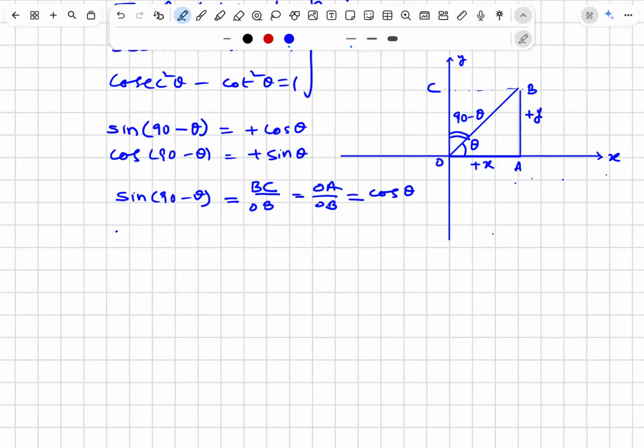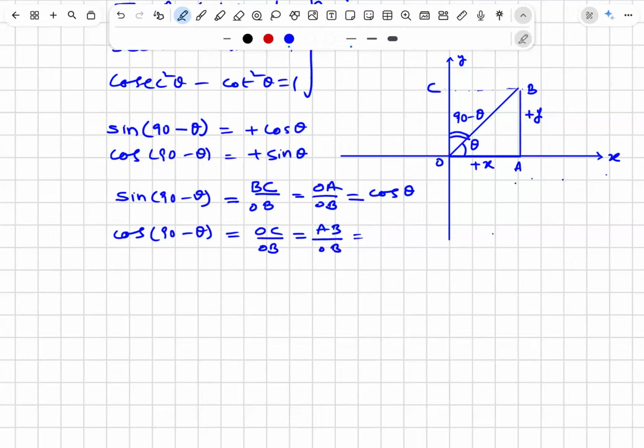Similarly, if I take cos 90 minus theta, I'll simply get OC by OB. Okay. So in this case, OC is nothing but AB by OB.